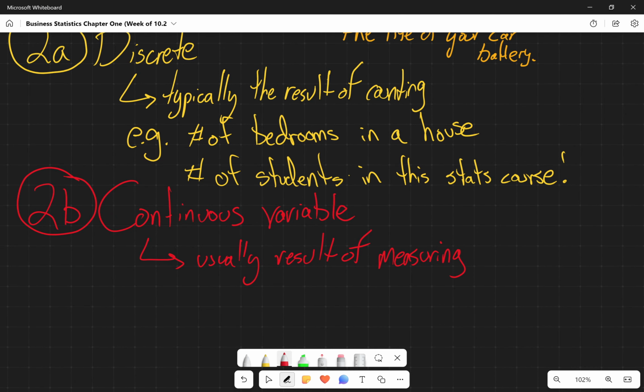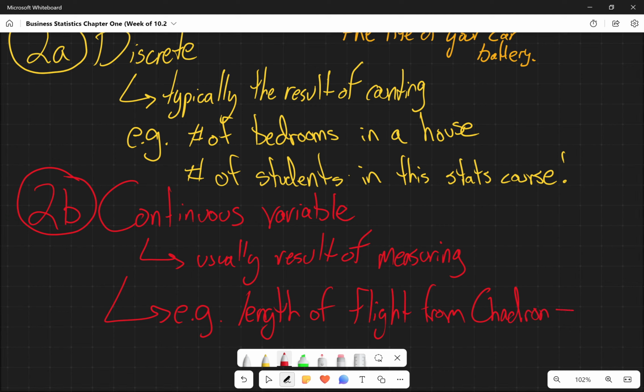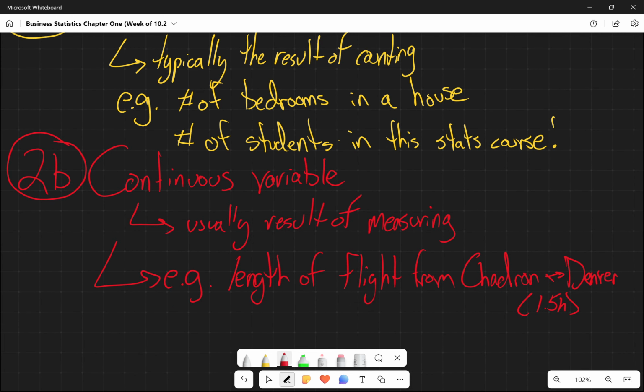Continuous variables would be the length of a flight from Chadron to Denver, which is about an hour and a half. Or another continuous variable would be your grade point average.